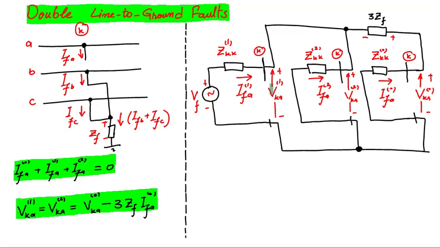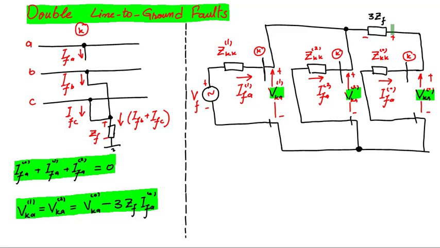Now from this parallel connection of positive sequence and negative sequence Thevenin circuits, we can see it satisfies this portion. VK positive sequence is equal to VK negative sequence. These two are connected in parallel, so this voltage VK positive and VK negative are equal, and that is equal to VK zero sequence minus this voltage drop across 3 ZF due to current IFA zero sequence.